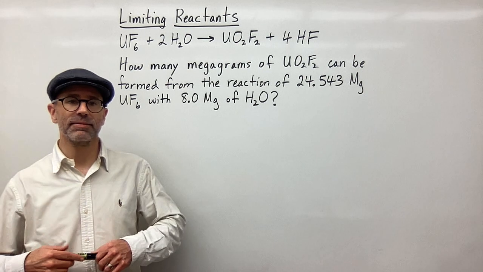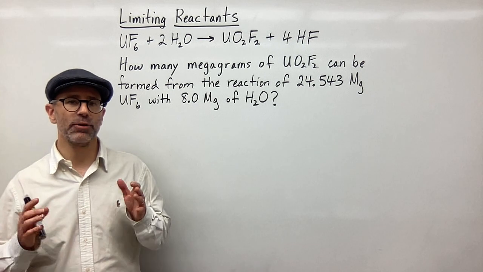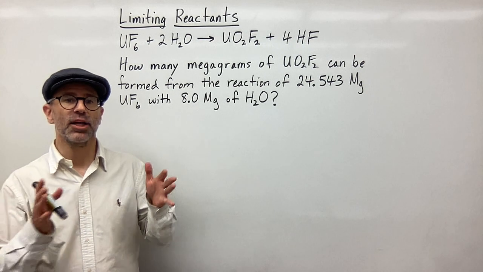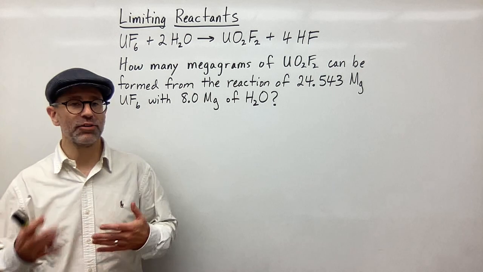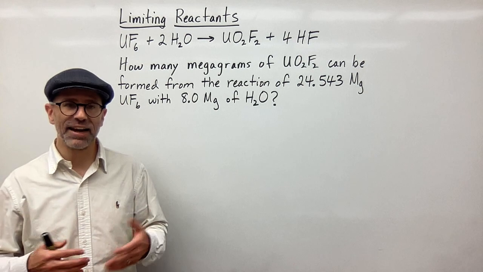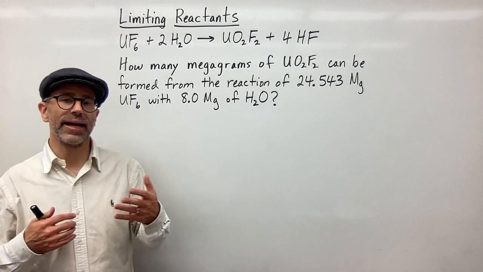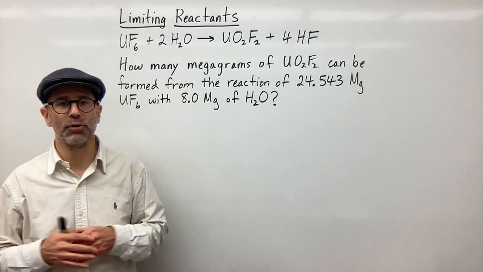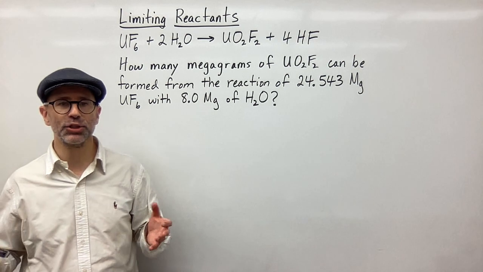So just to summarize a little bit, a limiting reactant is a reactant that limits the reaction or limits how much product you form. How does it do that? It does that by running out first. My example, and there's a lot of examples using food, but for me, peanut butter and jelly sandwiches work.